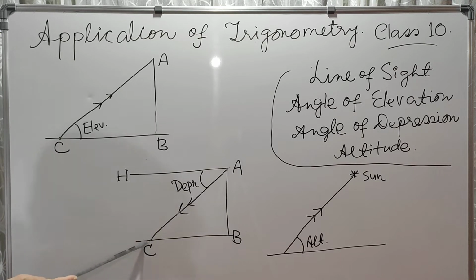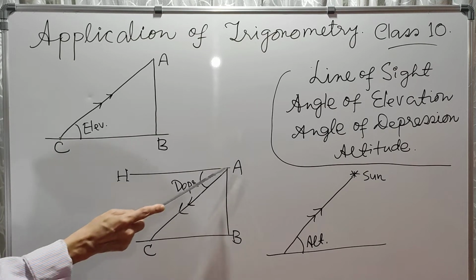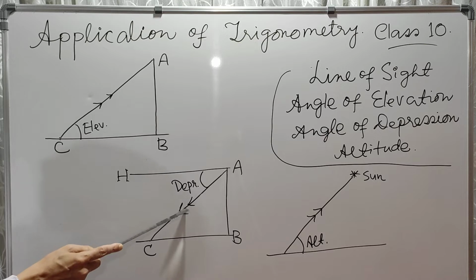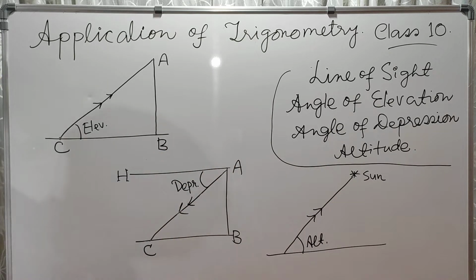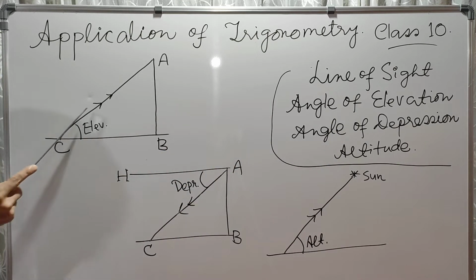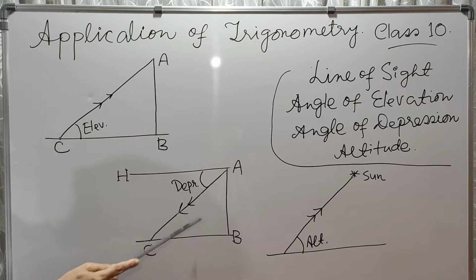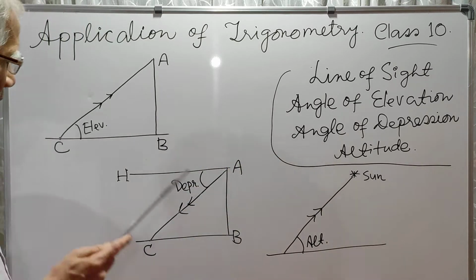This is the ground level. Now this line from here to here will be called line of sight or line of view. In this case, this is the line of view CA, and in this case, this is the line of view AC. All right.